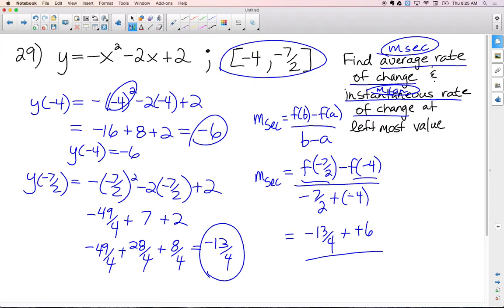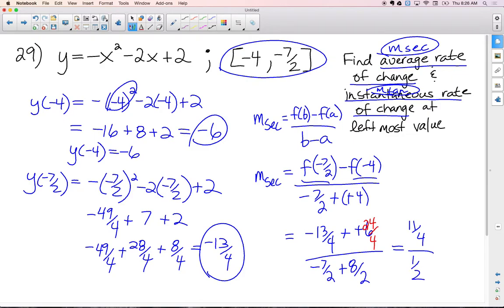Down here on bottom, we can go ahead and do this with a common denominator. The 4 would become 8/2, so it would be negative 7/2 plus 8/2. The top, the common denominator would be 4, so I'm just going to change that right over top of it. That'd be 24/4, same thing as 6. So what we're going to end up with, drum roll, is 11/4 divided by 1/2.